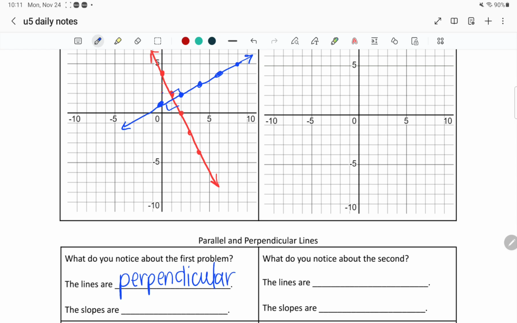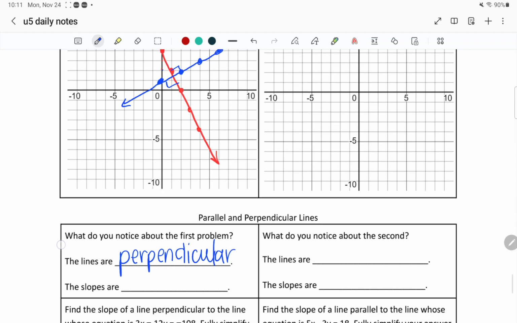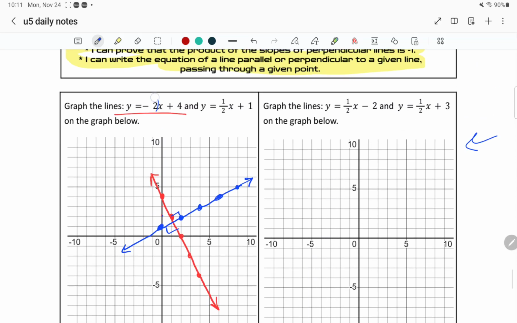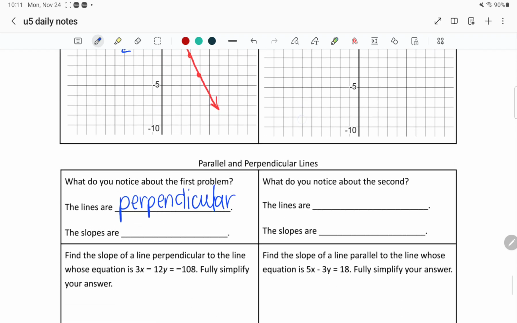And when that happens, the slopes are different, right? My first slope was -2, my next slope was 1 over 2. But they're not just different, there's something special about them as well. We call them opposite reciprocals.